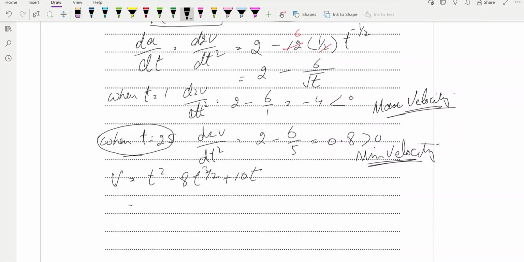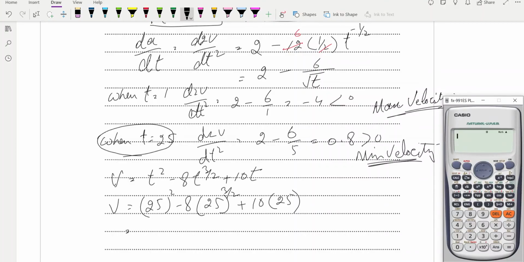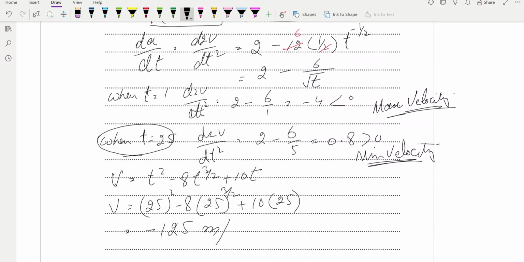Now we will replace t with 25, so it will be 25 squared minus 8 into 25 raised to the power 3 by 2 plus 10 into 25, and this is equal to minus 125, minus 125 meter per second.